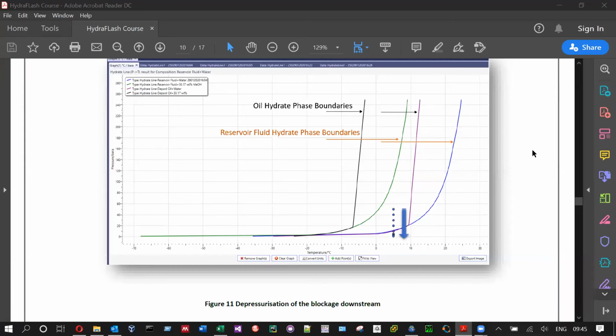But the situation would be reversed for MEG. For MEG, if it is not mixed properly, MEG will stay at the bottom of the water phase. The interface is the worst place for hydrate formation.